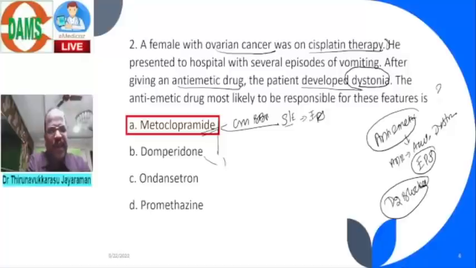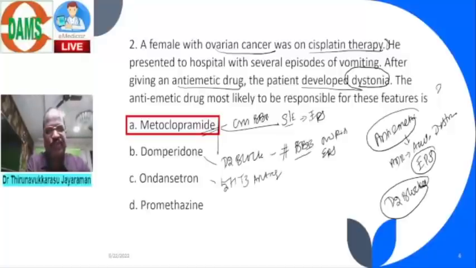Whereas domperidone, even though a D2 blocker, will not cross the blood-brain barrier, so no risk of EPS. Whereas ondansetron is a 5-HT3 antagonist that is not going to cause any problem of EPS. Promethazine is a first generation antihistamine.